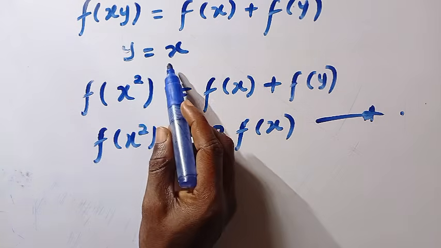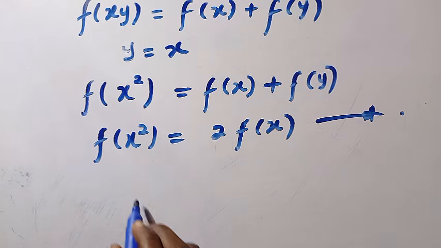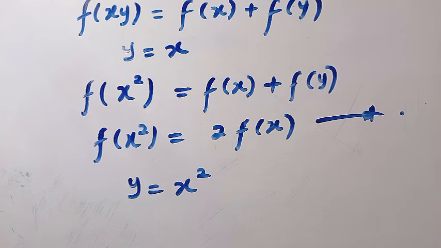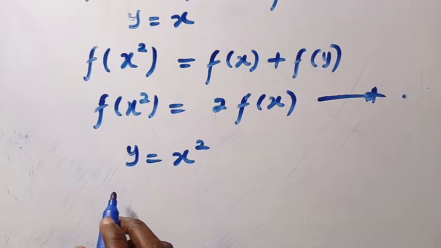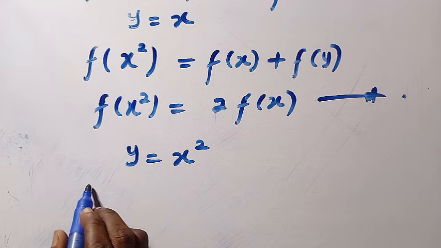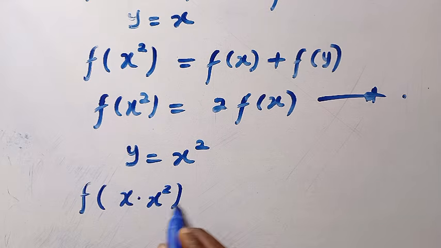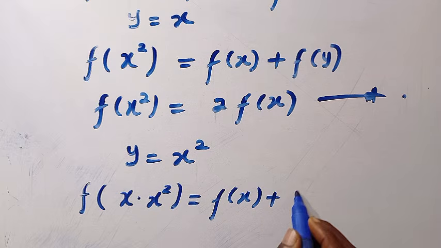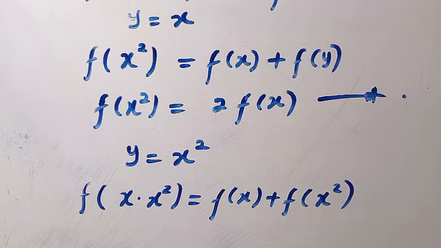If y equals x squared and I substitute this, we have f of x multiplied by x squared equals f of x plus f of x squared.